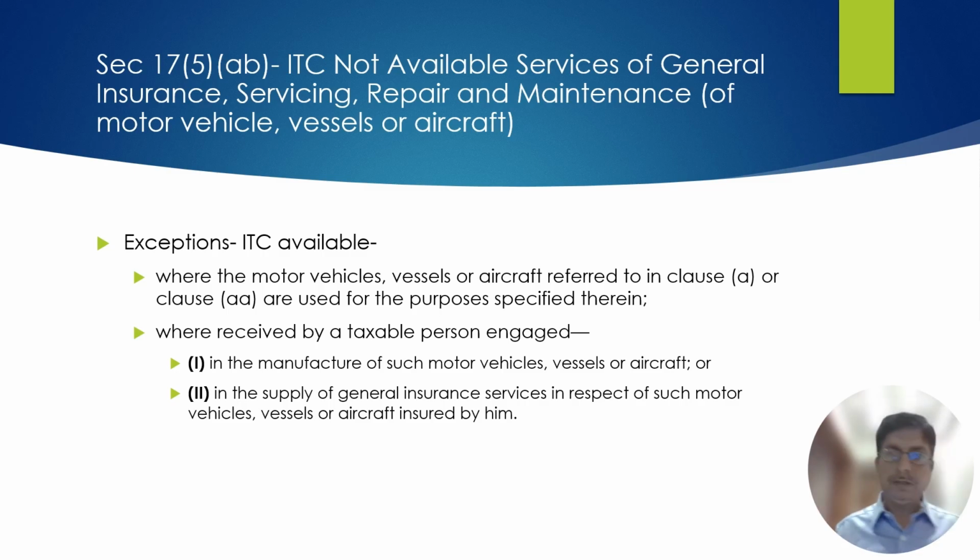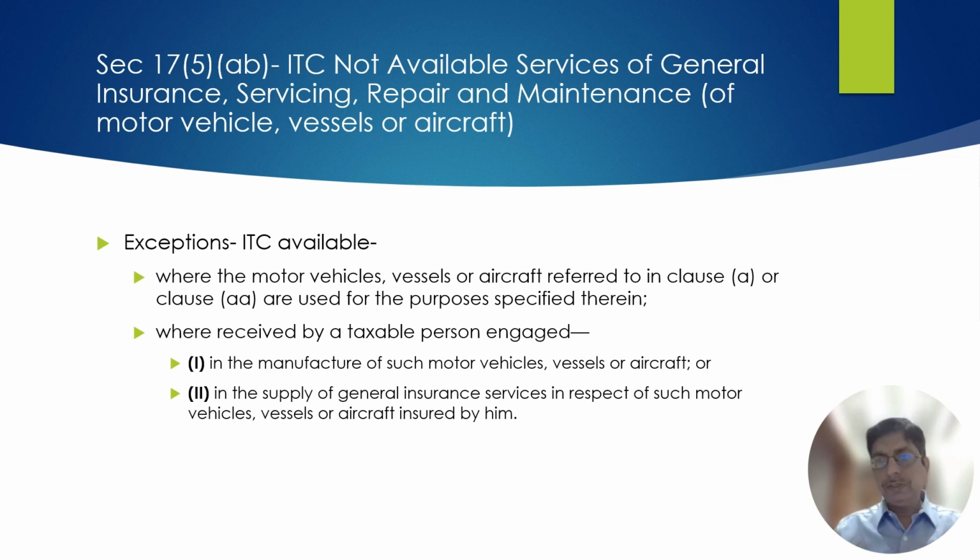Now, there are further exceptions. If the expenses of general insurance, repair, maintenance, services are incurred by the manufacturer of that motor vehicle, vessel or aircraft, the credit is available. The further exception is reinsurance.